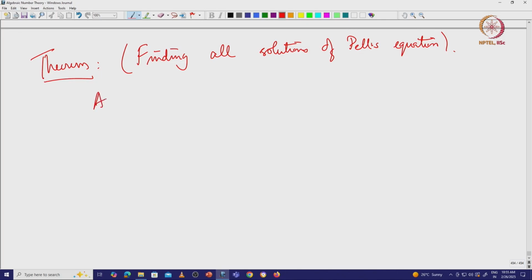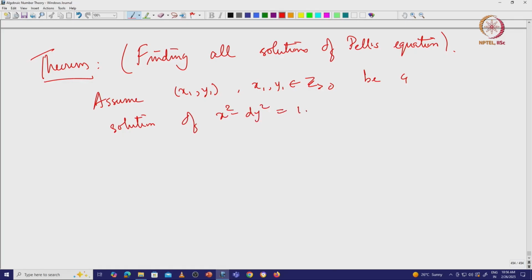Let us assume x1, y1, where x1 and y1 are both positive integers, be a solution of x square minus d y square equal to 1, such that y1 is minimal among such solutions.